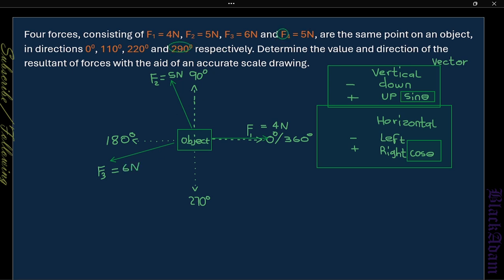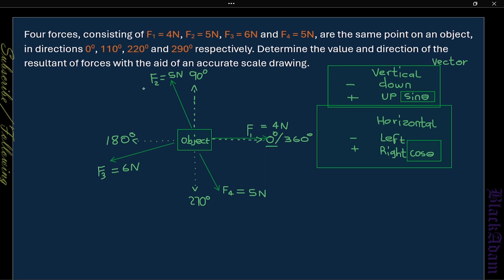And the final one is 290 degrees, somewhere there. That's F4, which is 5 Newton.